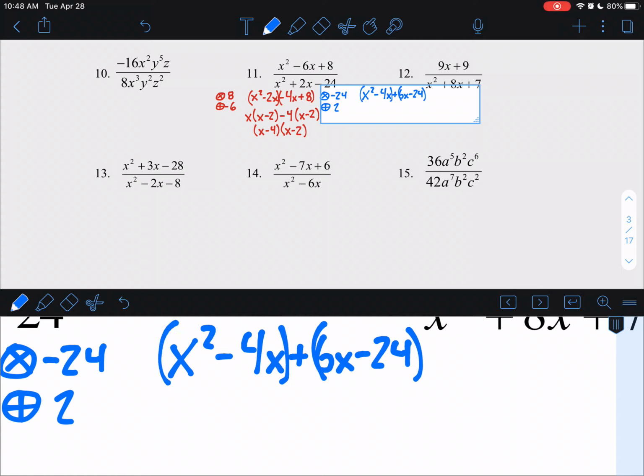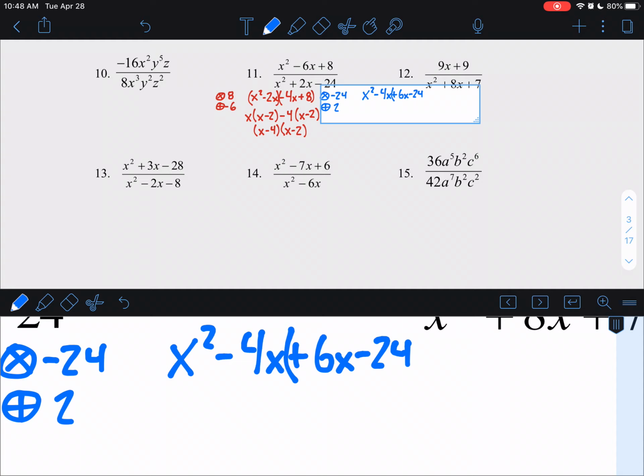Like I said, it doesn't matter what order you put them in, but the only reason I put the negative first is because otherwise, when I did my grouping, I would have a negative sign there and then have to factor out a negative, and I just prefer to factor out positive numbers when I can.